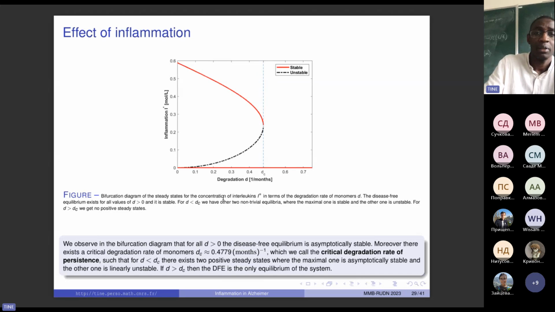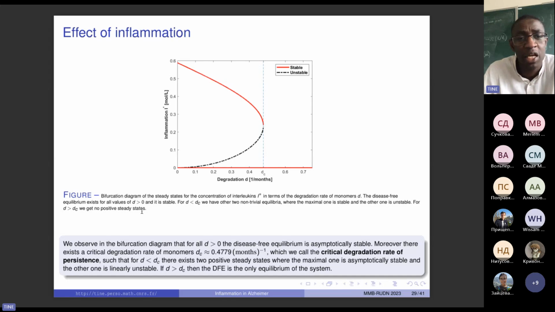So here, when we compute the inflammation and the degradation rate D, we have obtained this bifurcation diagram of the steady state of the concentration of interleukins I star in terms of the degradation rate of monomers D.